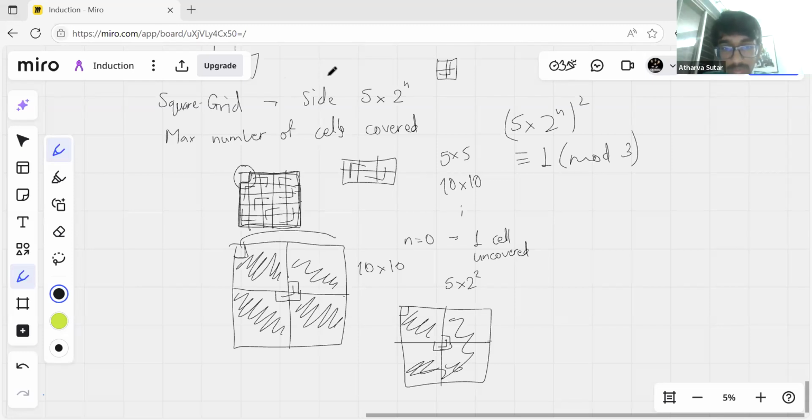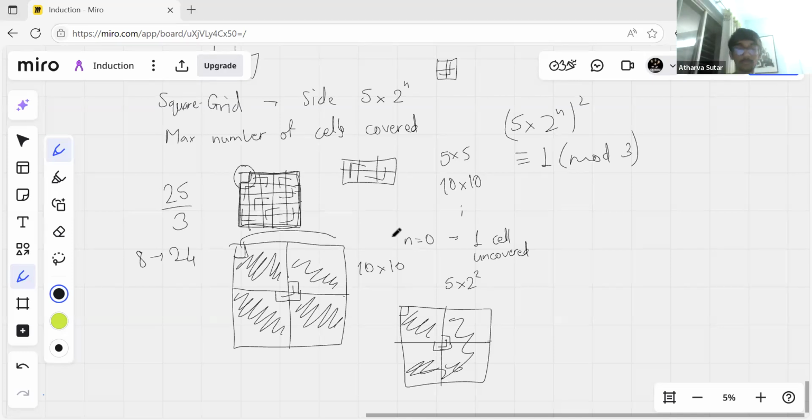One cell is not covered because, for example, the 5 by 5 grid has 25 cells total, and with each tile you can cover exactly 3 cells. So 25 divided by 3 is not an integer, so you can't cover that last cell. You can have a maximum of 8 tiles on the board, and that means you can cover at most 24 cells.